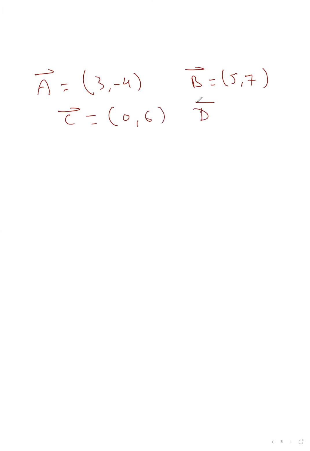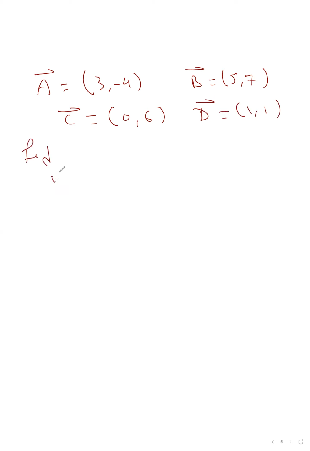If A equals 3 and -4, vector B equals 5 and 7, vector C equals 0 and 6, and vector D equals 1 and 1.